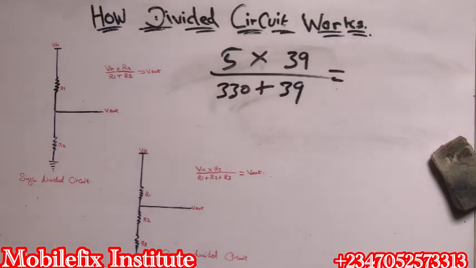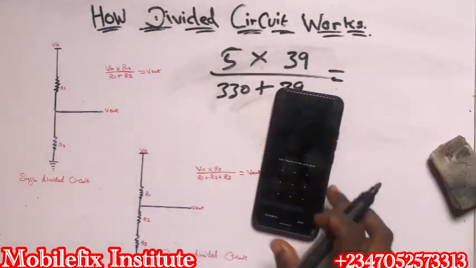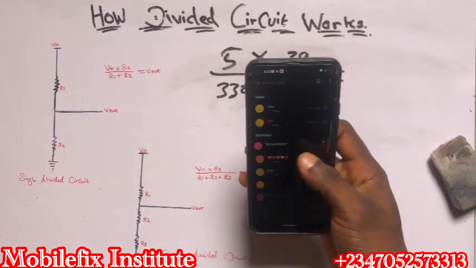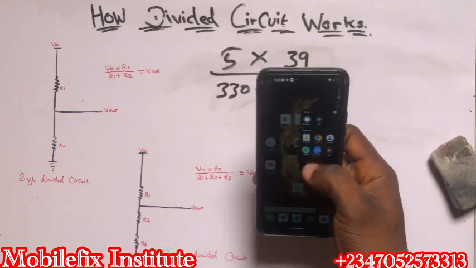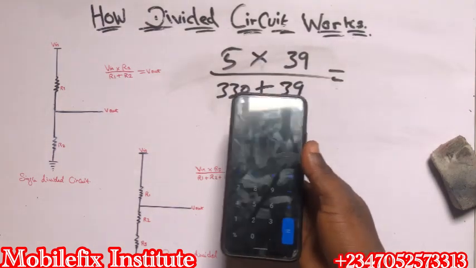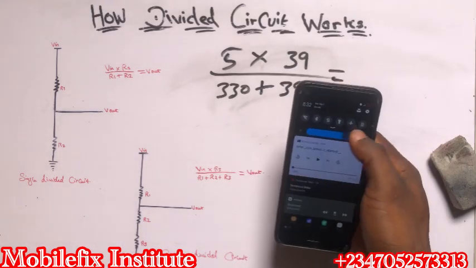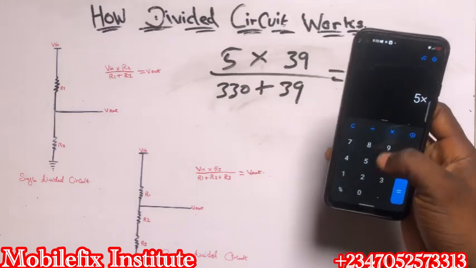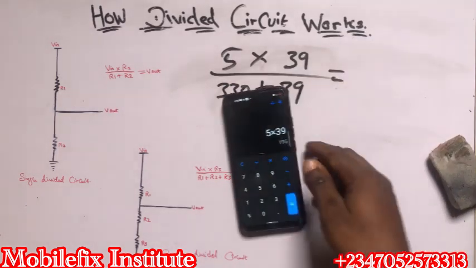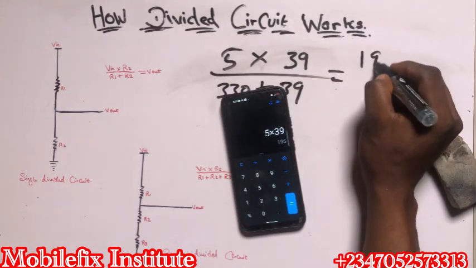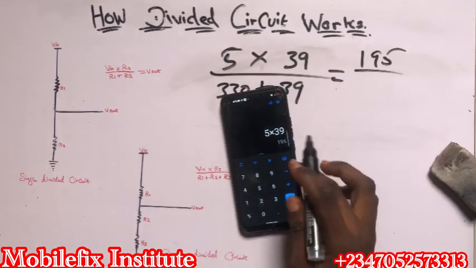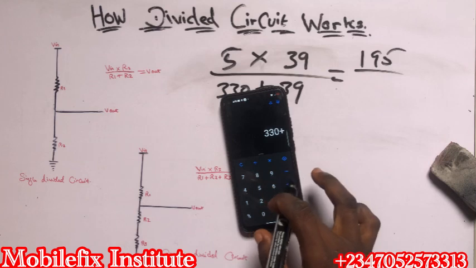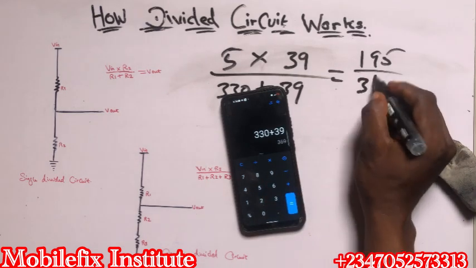So let's calculate this. I hope you can see. Okay, 5 times 39 gives us 195. Then we divide this by 330 plus 39, which gives us 369.